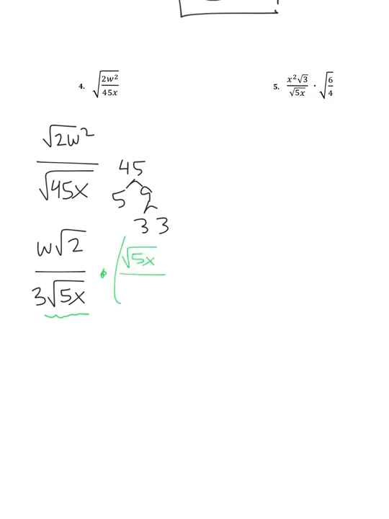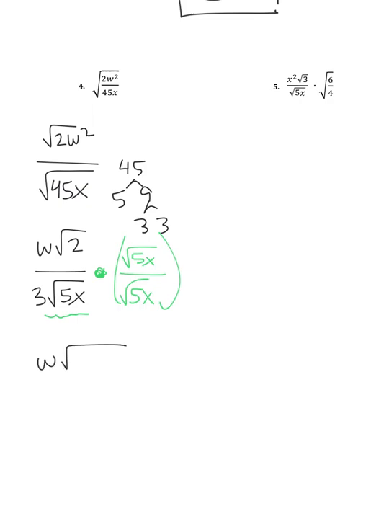Now remember, I want to multiply on the top and the bottom. So really what I'm multiplying by, this part in green, is equivalent to just the number 1. So when we multiply, and I'm going to look at the numerator first, I'm going to multiply any coefficients, those parts out in front, numbers or variables, and in this case it's just a w.